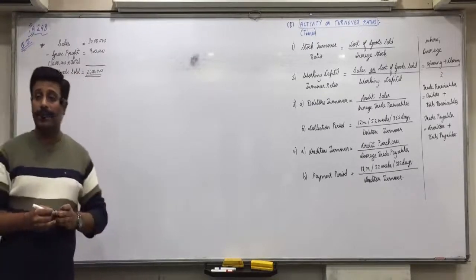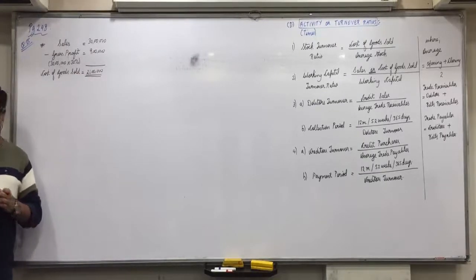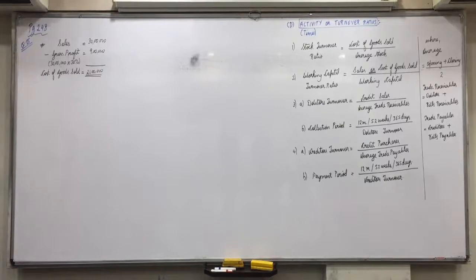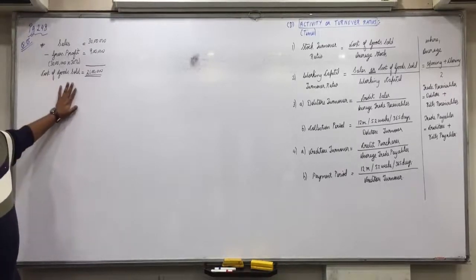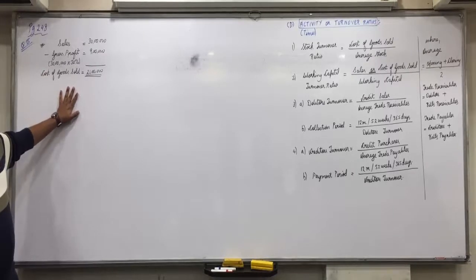Did you understand this? If you had done opening stock 3,50,000 plus purchase 12 lakhs, 15,50,000, minus closing stock 2,50,000, you would have got 13 lakhs, which is wrong. It means purchase expenses are 8 lakhs, which is not mentioned in the question. So this is the only way to find it when sales and gross profit are given.